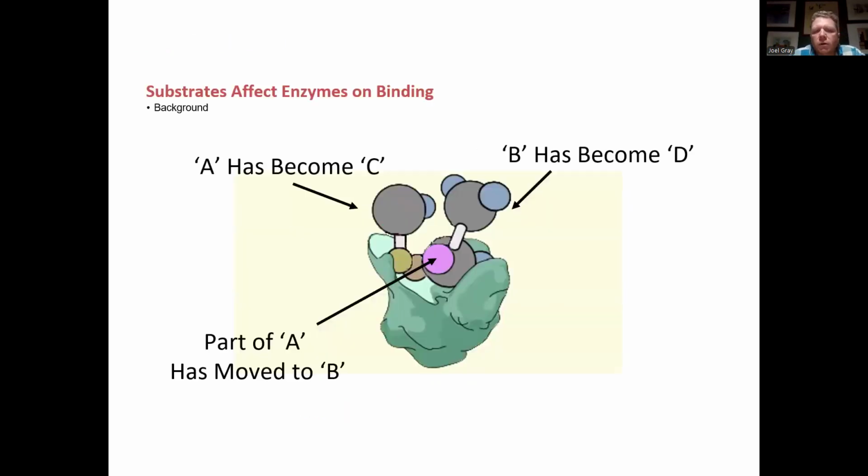Now, the substrates are going to affect enzymes on binding. Your substrate A has become product C, and substrate B has become product D. And just so you can keep track of all of this, simply a part of A has moved to B. So it's always exciting to think about this very elaborate and complicated way of studying a change that a substrate is going to undergo, but it's actually not that complex.